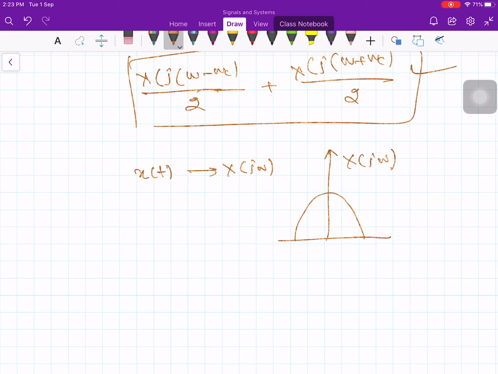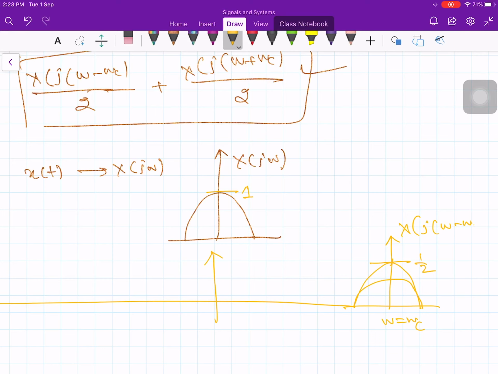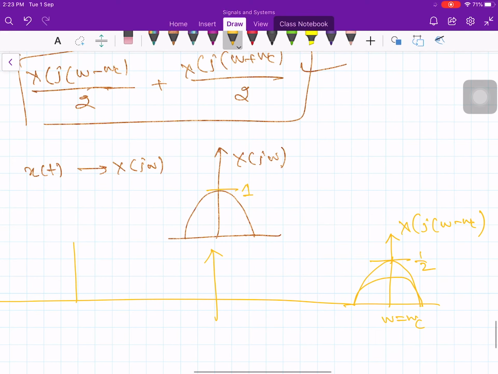That is going to be like this, shifted to omega equal to omega c. But now the amplitude is 1/2 of that. Let us say the original amplitude is 1 and here it is half, and this is x of j times omega minus omega c, and the minus side also you have like this.